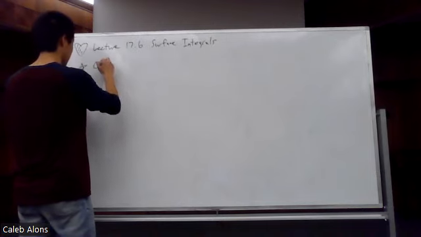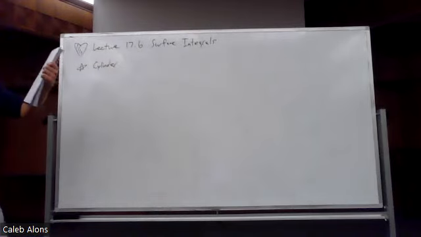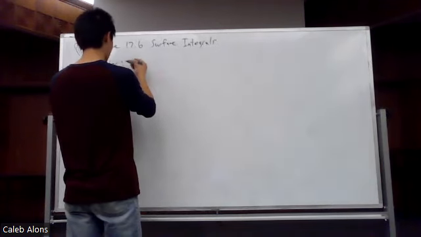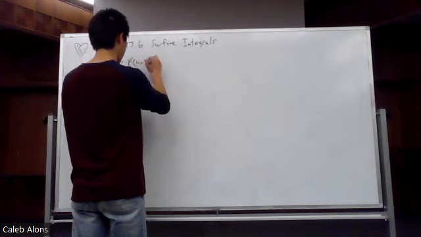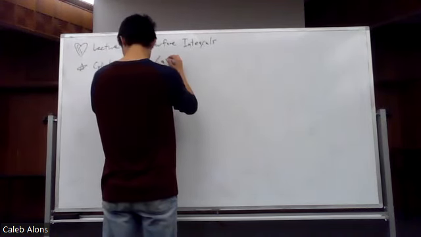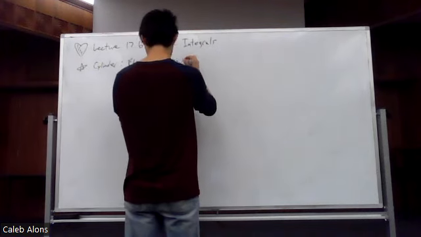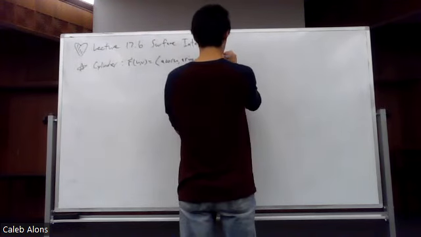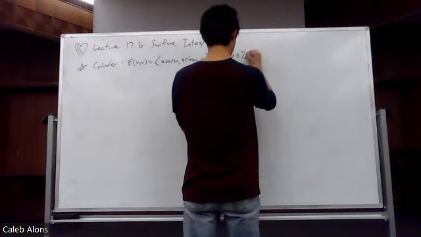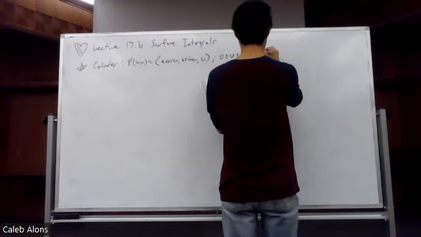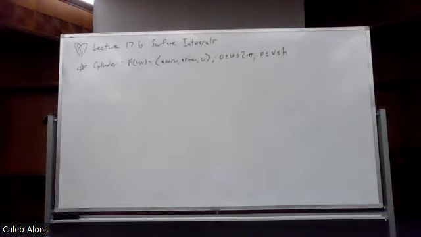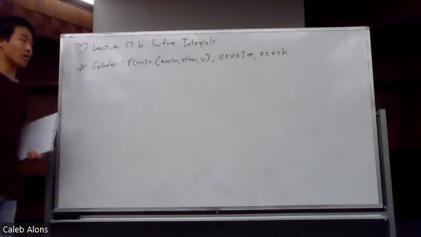So if we're talking about a cylinder existing in 3 dimensions, and you want to parameterize that surface with a vector, the cylinder is given by R of U, V equal to A cosine U, A sine U, and V, where U varies from 0 up to 2 pi, and V varies from 0 to the height, which we can just call H. I hope you can see that U is acting like a theta in this case, and V is acting like a z value, how tall you are, while you're spinning in a circle.